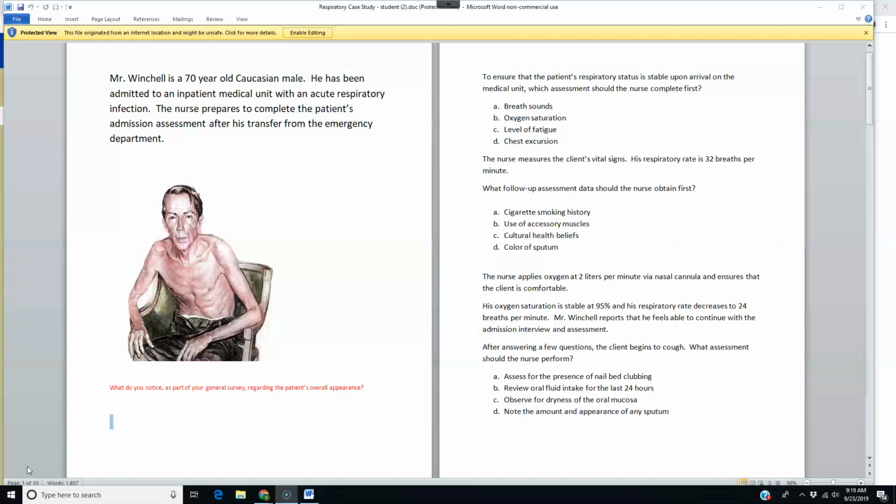It's a wonderful app from ATI. I just found out about it last week, and you'll have it at your fingertips, so that if you're in an area or waiting at a doctor's office, or you have a few minutes, you can go on this app on your phone and just practice and do some more NCLEX style questions. I went on it a little bit on Friday, and it's a very, very good app.